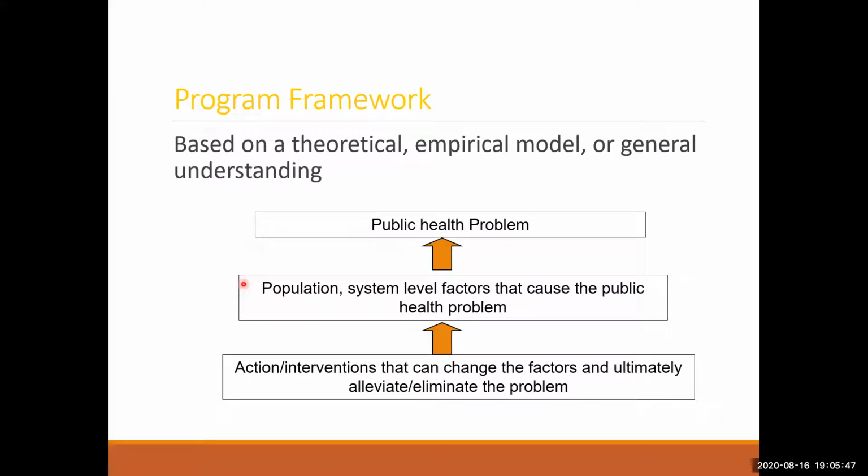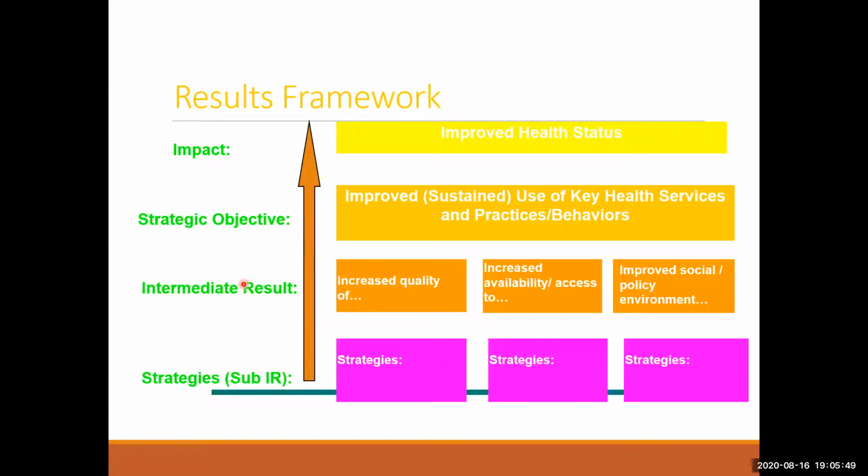This is a sample of a framework, but we jump to this one, which is the result framework. We said there are different types of frameworks. This one is called the result framework, which starts with strategies. Or maybe you start by saying my main idea is to improve the health status of Iraq, for example. But if I want to reach this goal, I should improve all the facilities in Iraq.